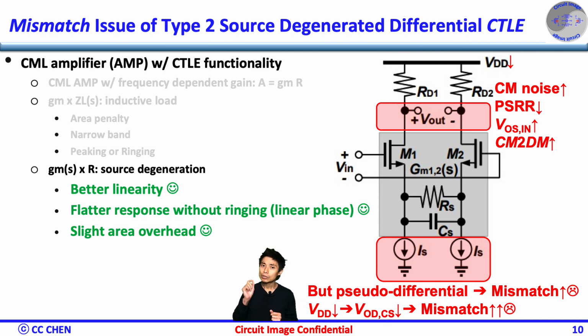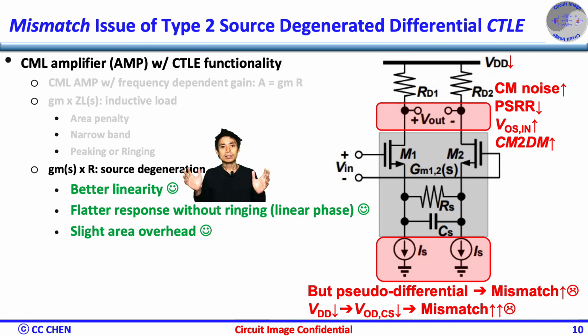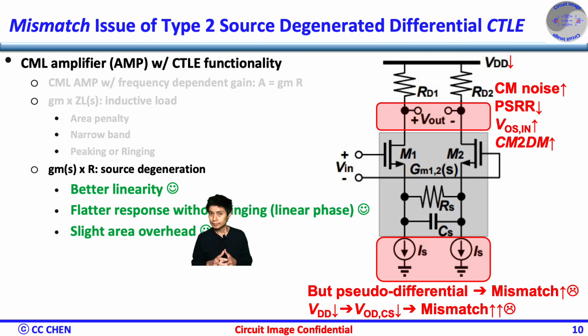Thanks to the source degeneration resistor, the source degenerated CTLE has better linearity and maximum frequency response than the shunt-peaking CTLE. Also, the area overhead of the source degeneration network is not that significant, and the corresponding RS and CS also provide us with more flexible pole-zero response tuning and less design complexity than the shunt-peaking CTLE.